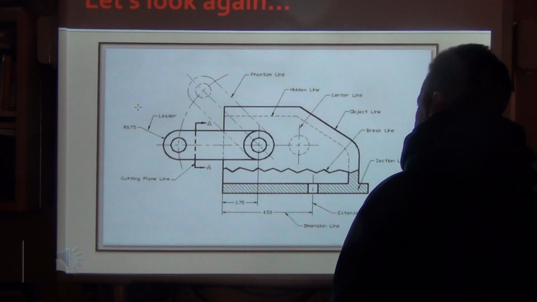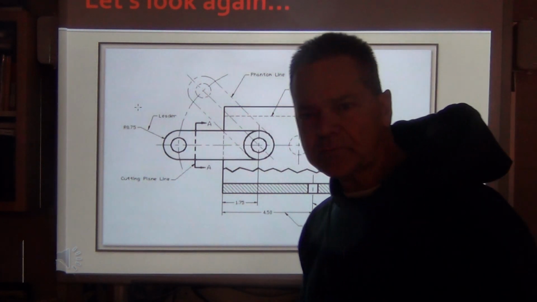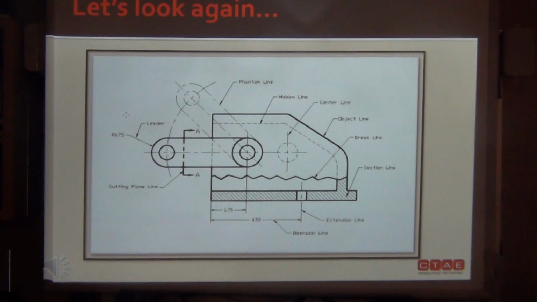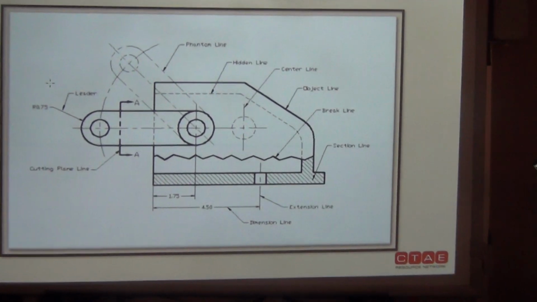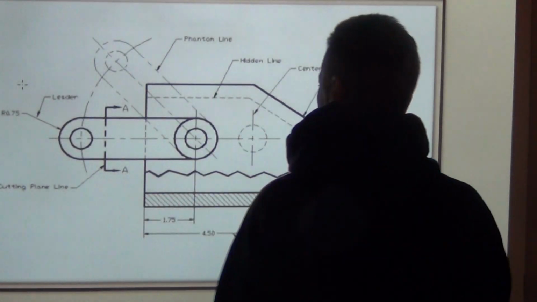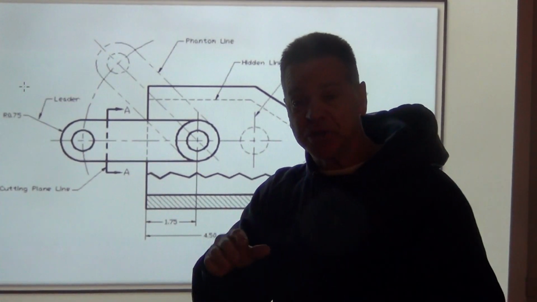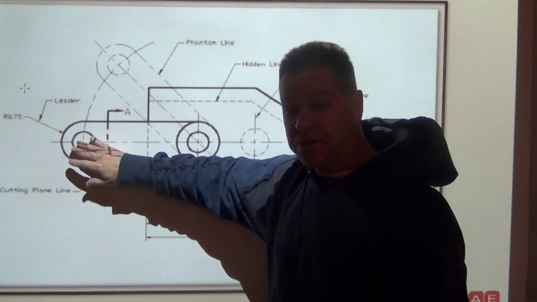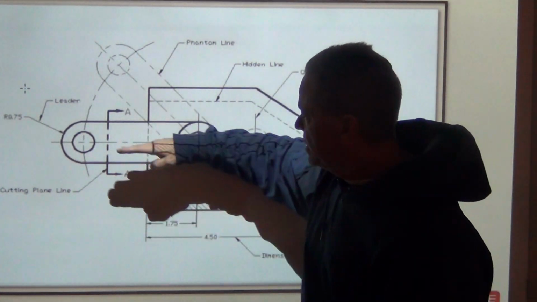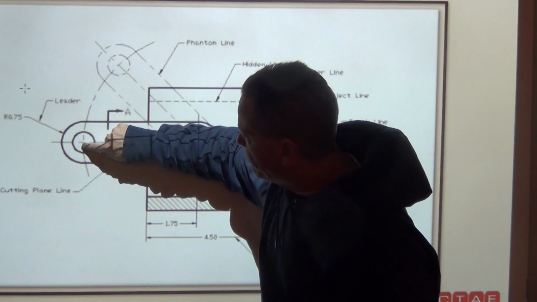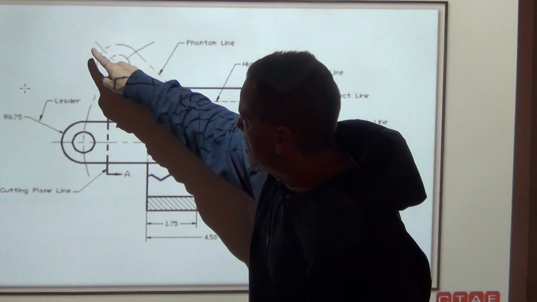All right, and looking at this page, hopefully you can read this. I'm going to zoom in again just a little bit to talk about it. Okay. Now what's cool is this gives us a pretty good idea of some of the different things, right? Where I have this phantom line thing I mentioned, that we're probably not going to use. This indicates that this part of the entire assembly can move to a different position, and they show that with this little swing line here, this curving center line, and this other stuff.